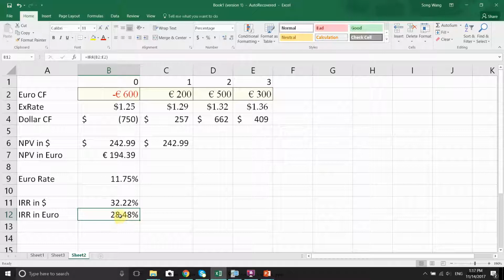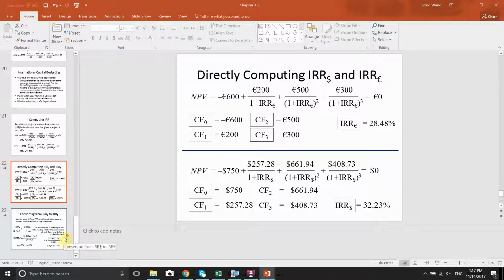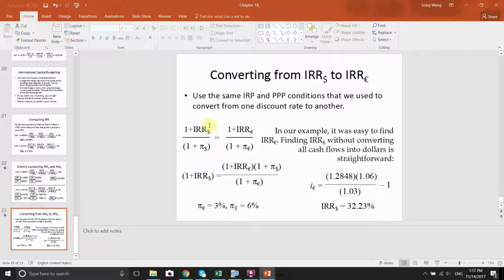And what about if I ask you to get the dollar IRR based on the euro IRR? So how can I get 32.22 from 28.48? Once again, we're going to use the same idea of the international Fisher effect. Let's say the return is measured by IRR. The dollar return after inflation, which is the real return in the US, should equal the euro return after inflation, which is the real return in the eurozone.